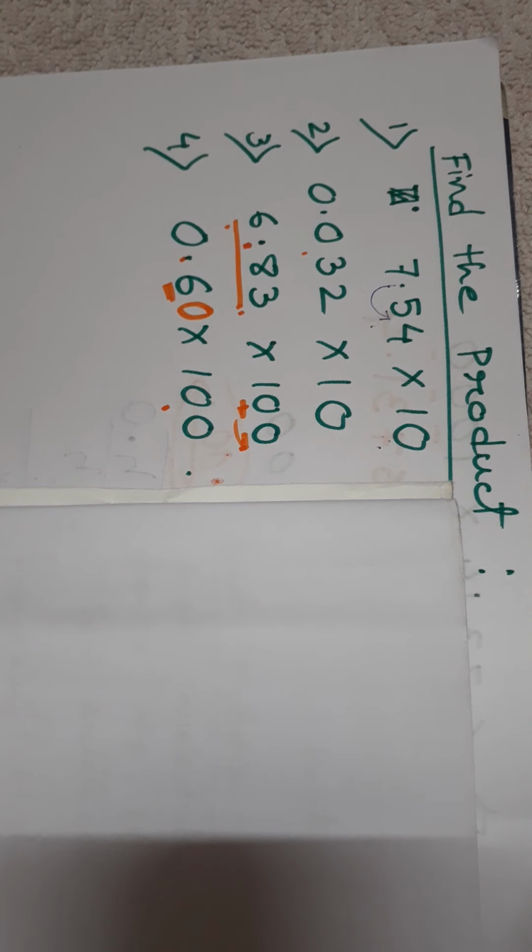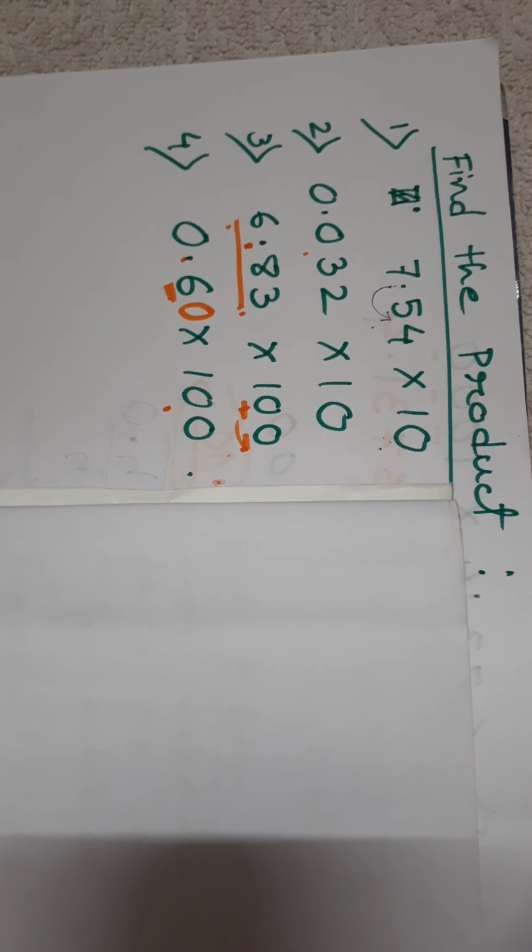So you will get 0.32. Next, in number 3 you have to shift the decimal point to the right side, so you will get 683, and the second one you will get 60.